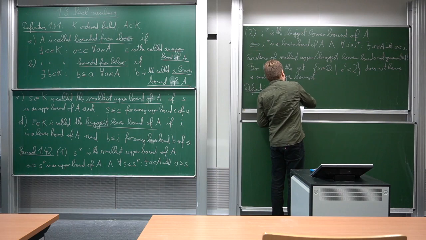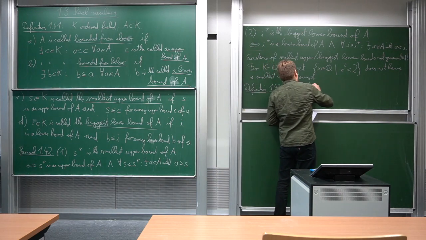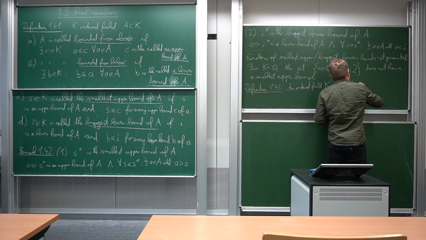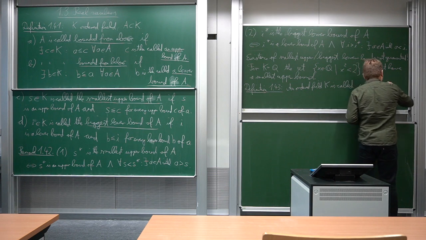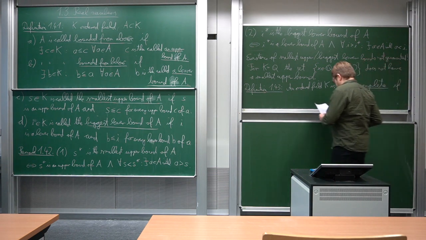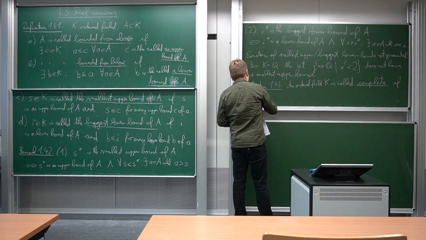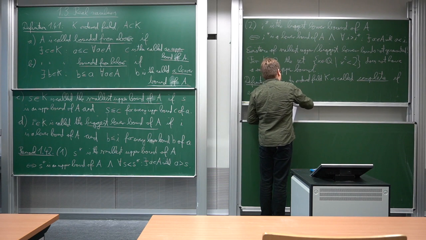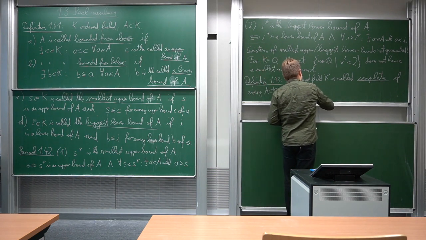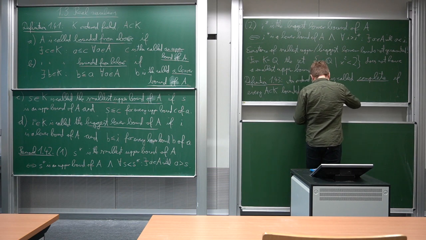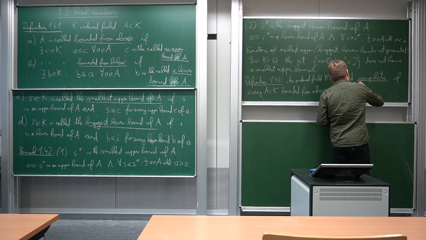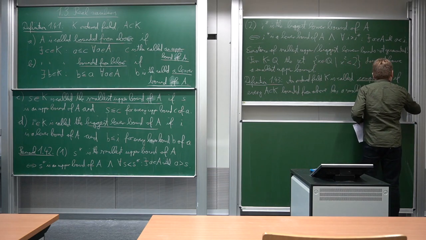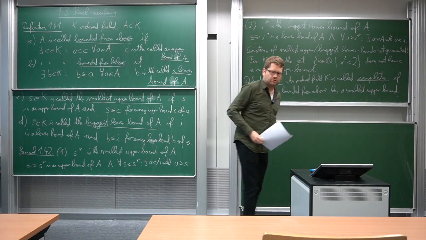Namely, an ordered field K is called complete if every subset A of K that is bounded from above has a smallest upper bound. So this example shows that Q is not complete.